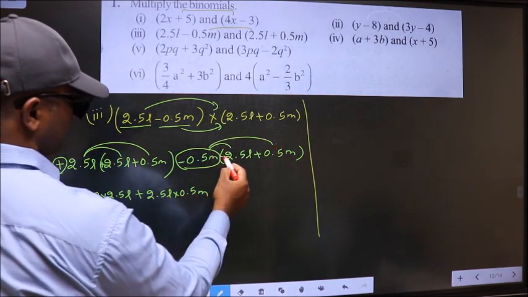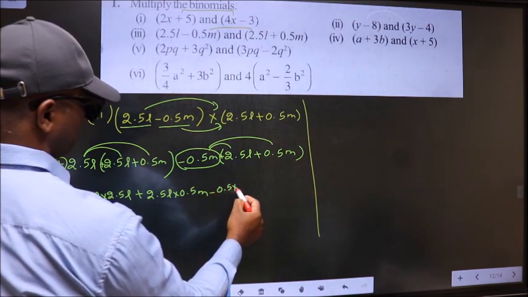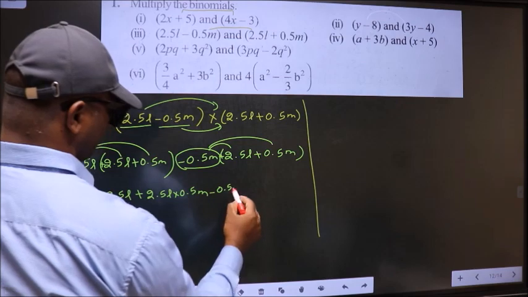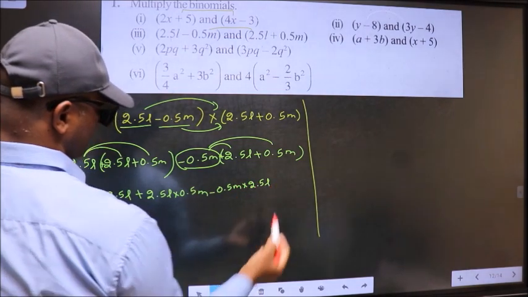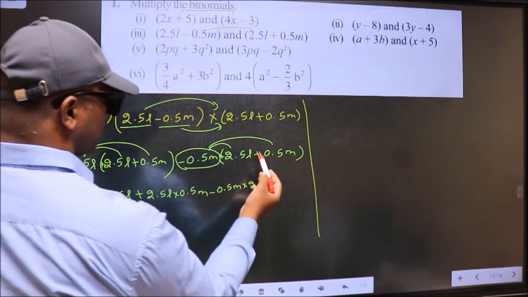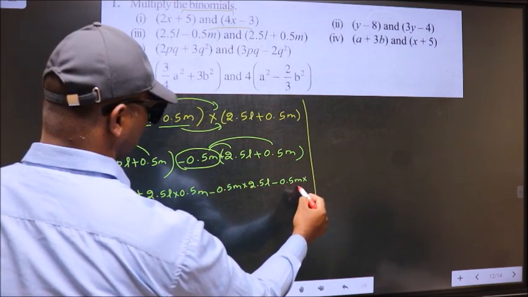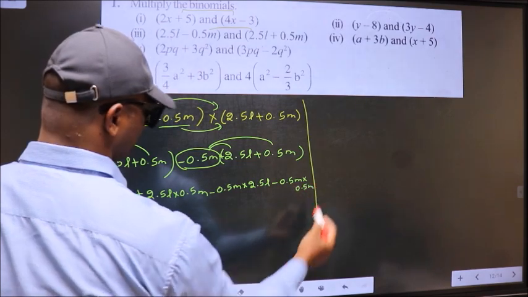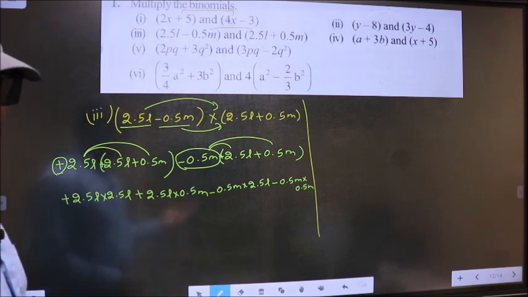So minus into plus, minus 0.5M into 2.5L. Now minus into plus, minus 0.5M into 0.5M. Okay.